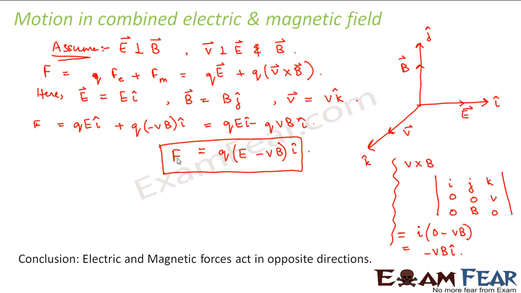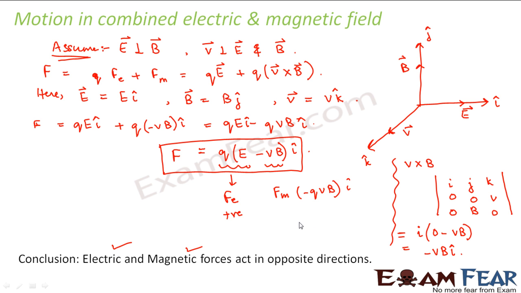So from this we conclude that the electric and magnetic forces act in opposite direction. If you see from here, where is your electric force? This is your electric force which is acting, which is positive. Now if you see here, what is the magnetic force? The magnetic force is minus QVB i cap.